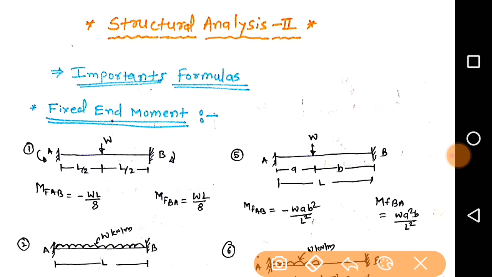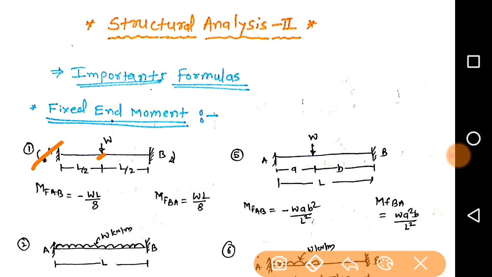What happens when the point load acts eccentrically? In the first case the point load is acting at the center, so the formula is WL by 8, negative in the first case and positive in the second case. In the same way, if the point load is acting eccentrically, that means W is not at the center, what will be the fixed moment?